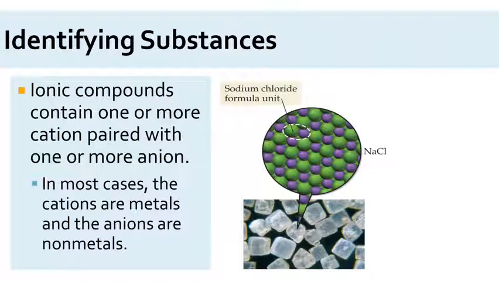Identifying substances, continued. Ionic compounds contain one or more cations paired with one or more anions. In most cases, the cations are metals and the anions are nonmetals. An example is sodium chloride.